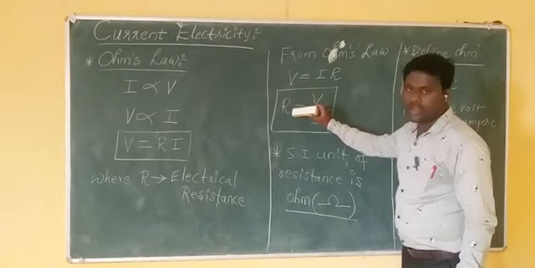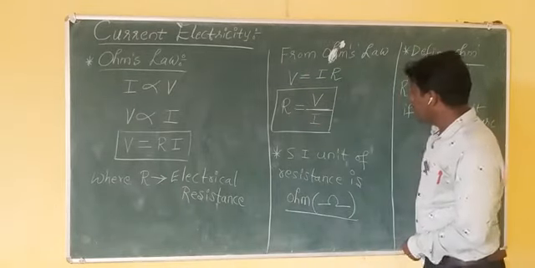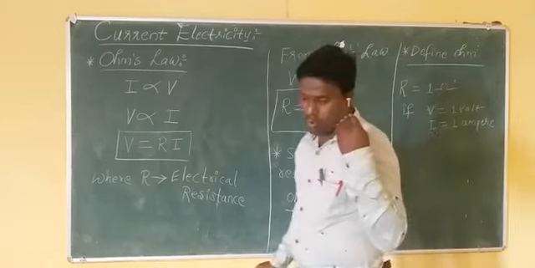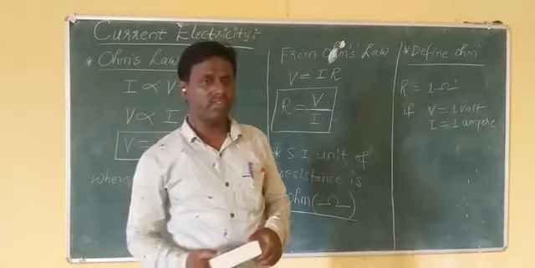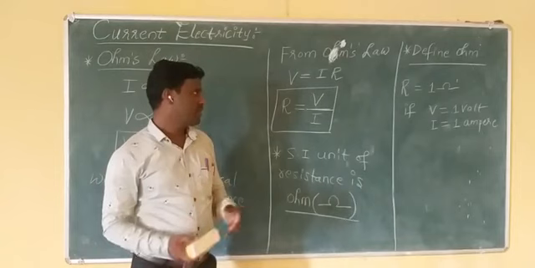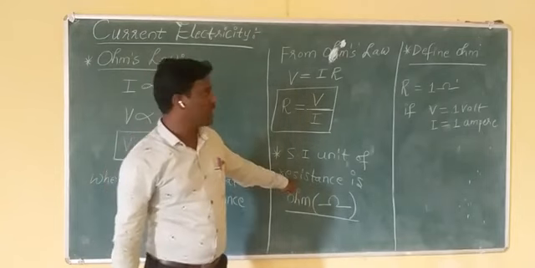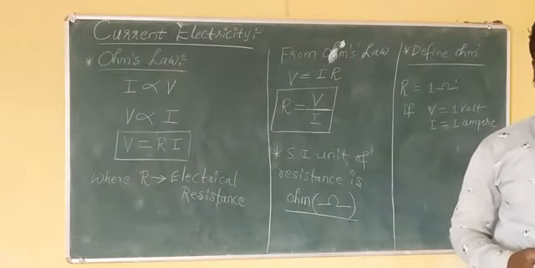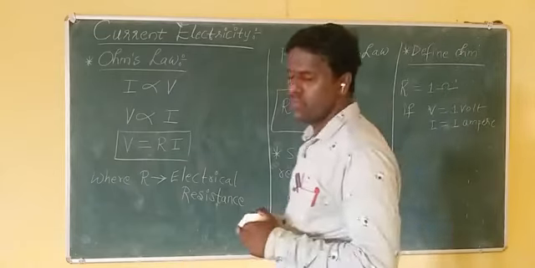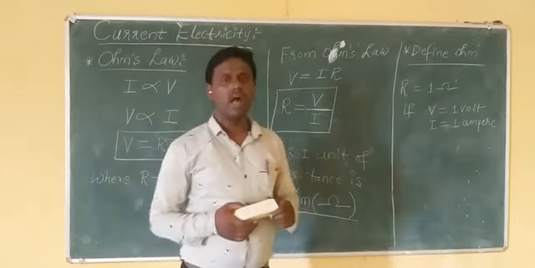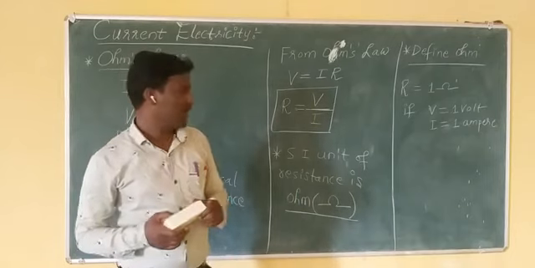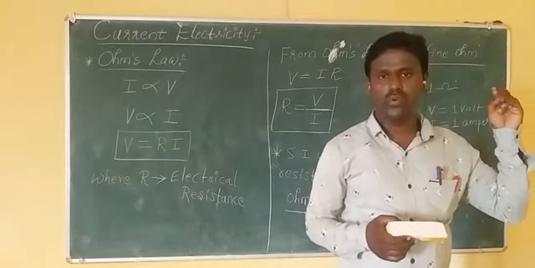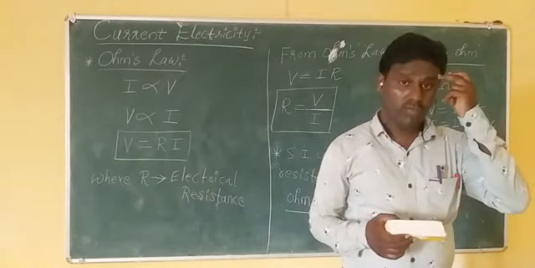So now R, electrical resistance, R equals V by I. So the SI unit of resistance is ohm, and ohm is defined as the resistance of a conductor that is said to be 1 ohm when 1 volt of potential difference is applied across the ends of the conductor and 1 ampere of electric current flows through it.